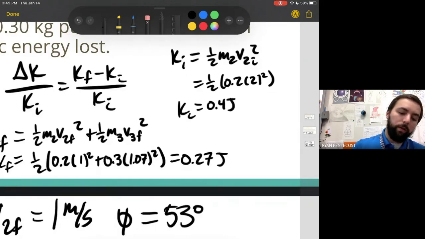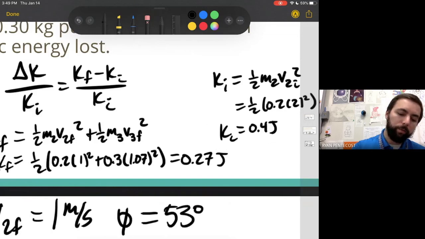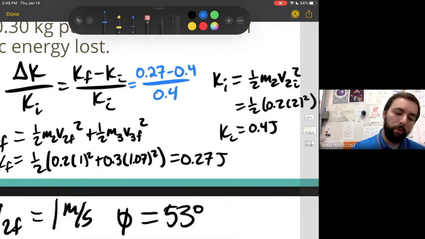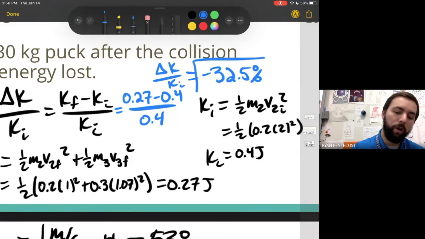All right, let's move you out of the way. I was going to use that area for my maths. So you're down there now. So if we use K final, 0.27 minus 0.4 K initial divided by 0.4, this delta K divided by K initial comes out to a negative 32.5% drop.